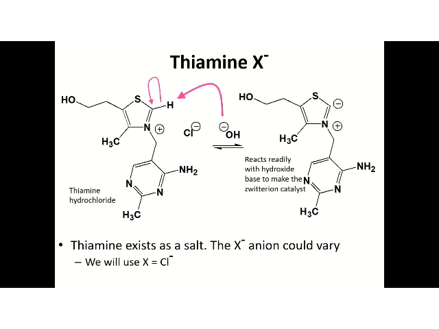So in the first step, we are going to have a base that is going to remove one of the protons from the thiamine hydrochloride to further form this ylide species that is shown here on the right.